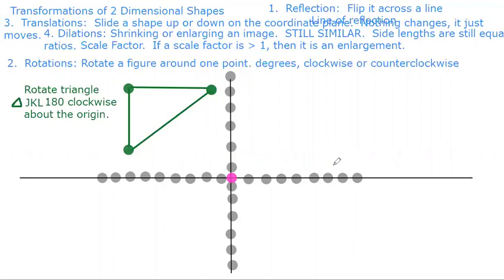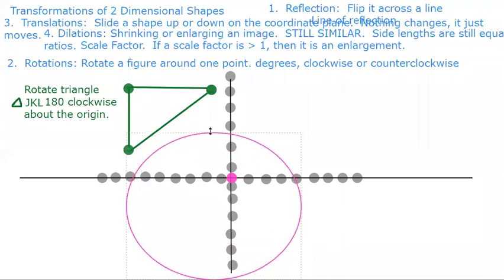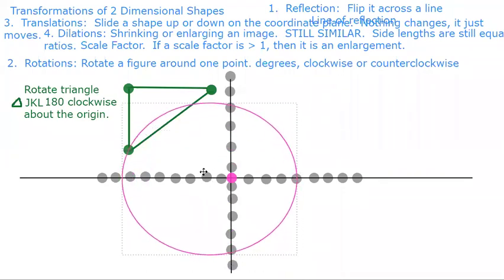We need a circle to accurately measure 180 degrees. So we're going to draw a circle, and point L is going to be on the outside of that circle, and I want to get as perfect a circle as possible. I need this circle to be centered at the origin.